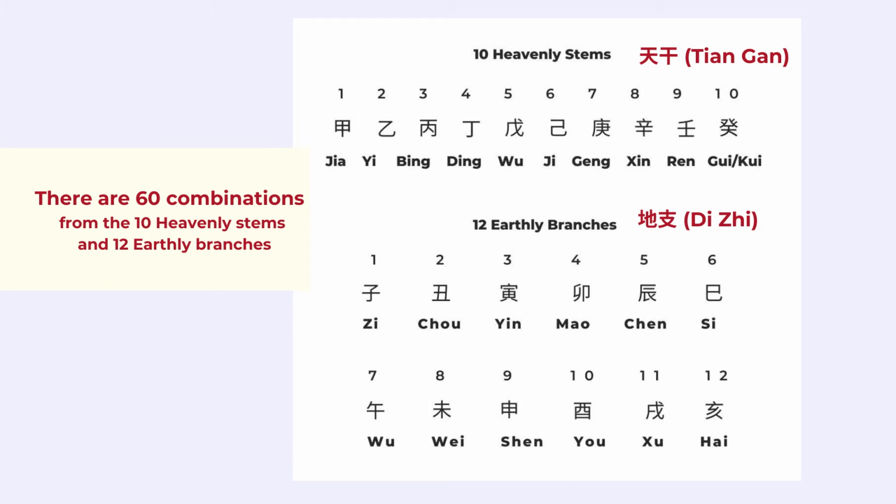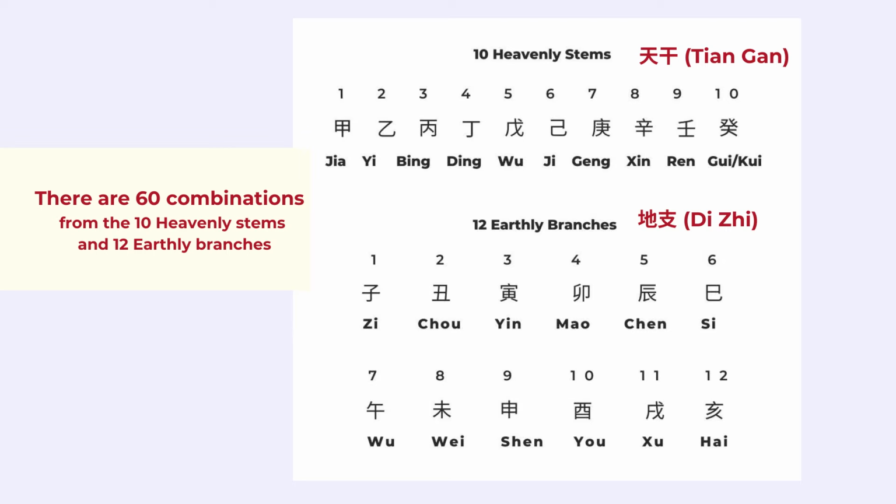So we can use the 60 combinations to mark the year, the month, the date, and even the time in the day. For example, 2024 is a Jiachen year. Jia is the first of the heavenly stems, and Chen is the fifth of the Di Zhi, the earthly branches.